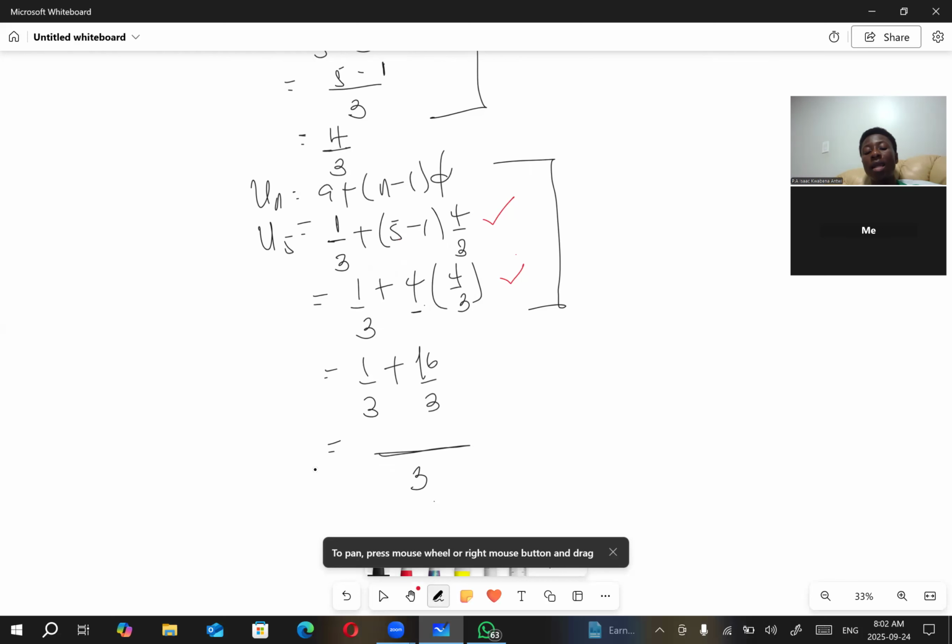Do you understand? So 3 and 3 is similar. So I choose 3. 3 into 3 is 1. So 1 times the numerator is what? 1, right? Plus 3 into 3 is what? 1. 1 times the numerator is what? 16.